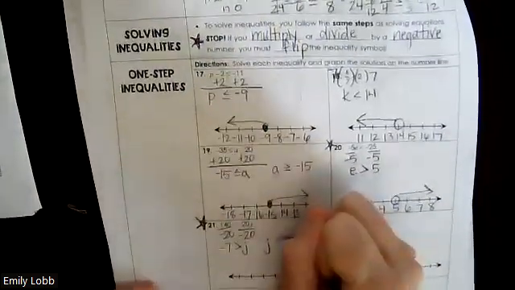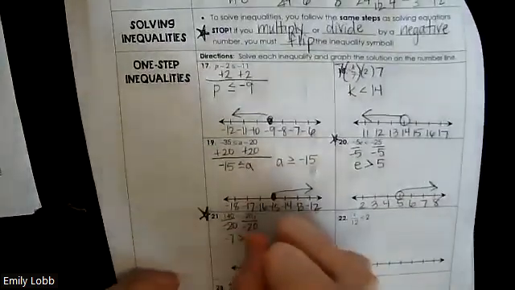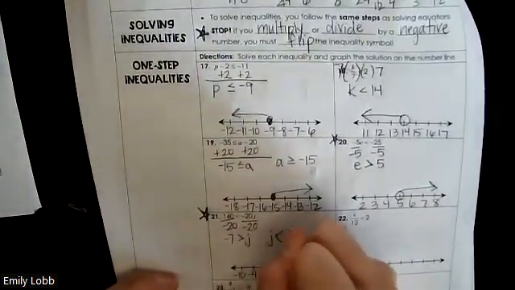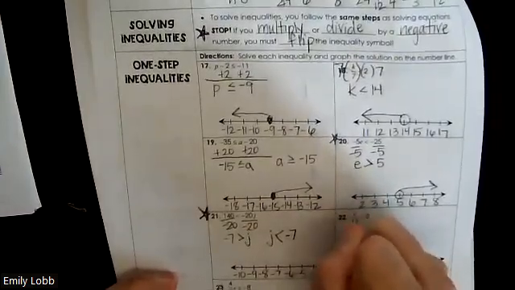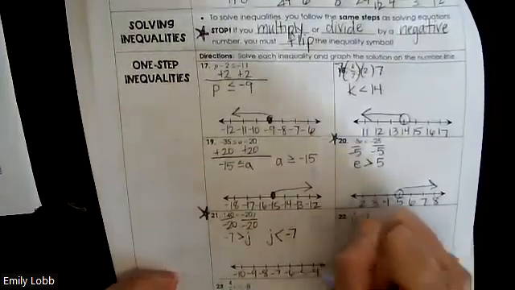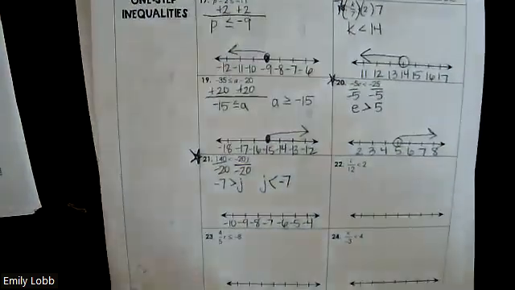So this monster is eating the -7, so I would draw it like this. Maybe we'll start at like -10. Open or closed at -7? Well done.